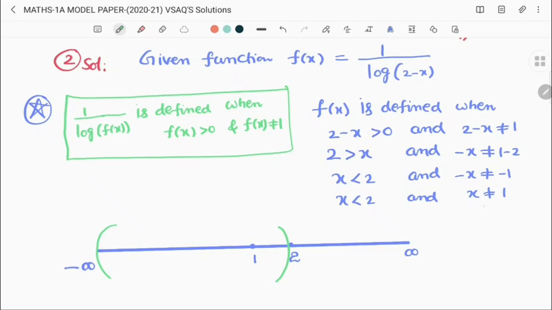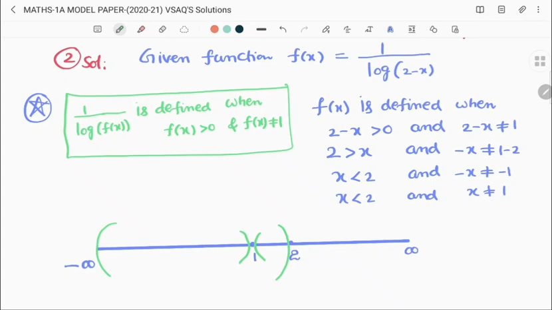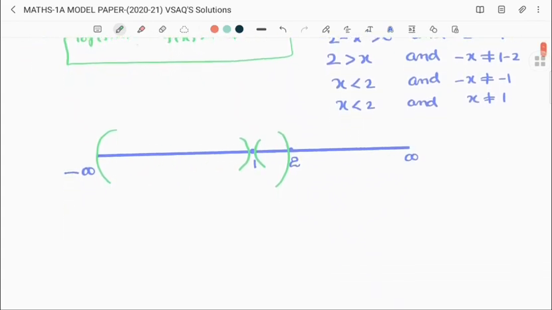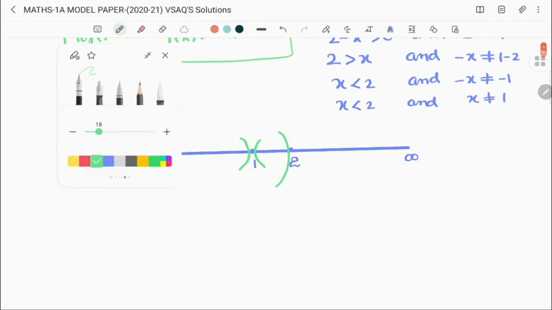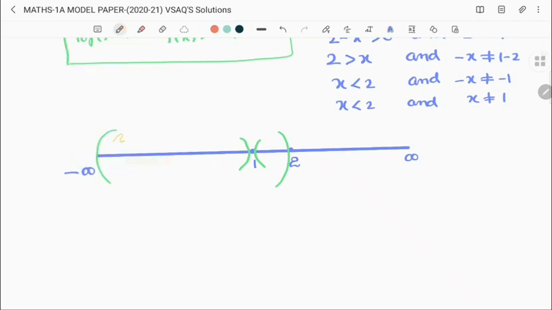And in this, x is not equal to 1. So x should not be equal to 1. So this is the remaining one. So how to write the values? This is the required domain.